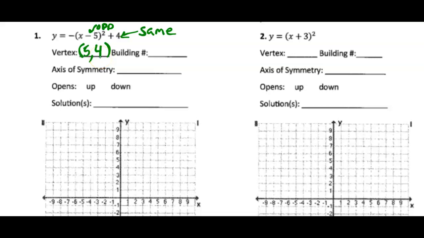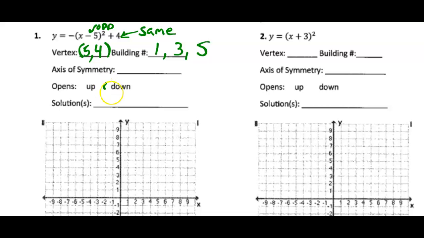Okay? Again, reminder, our building numbers come from just a standard rule that my building numbers are 1, 3, and 5. And those are only our y values. We always just go over 1, up 1 or down 1, up 3 or down 3, up or down 5. What defines up or down?